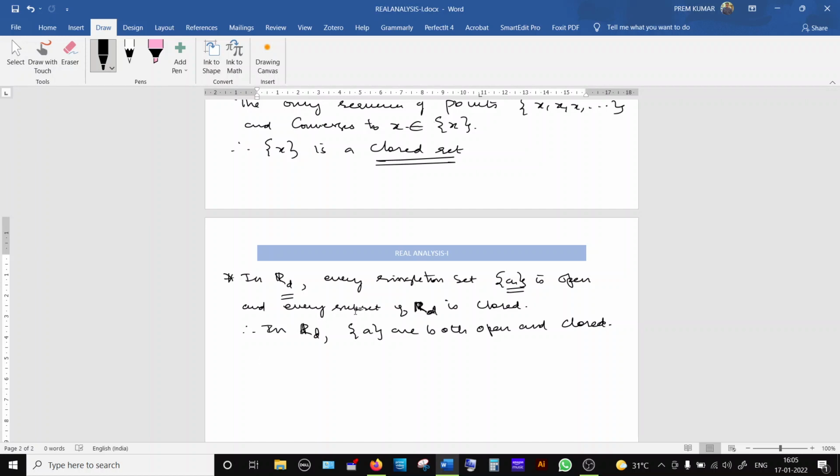But there are some examples of sets which are neither open nor closed. That is also there. For example, we consider one half open interval [0, 1). Suppose we consider R with the usual metric.